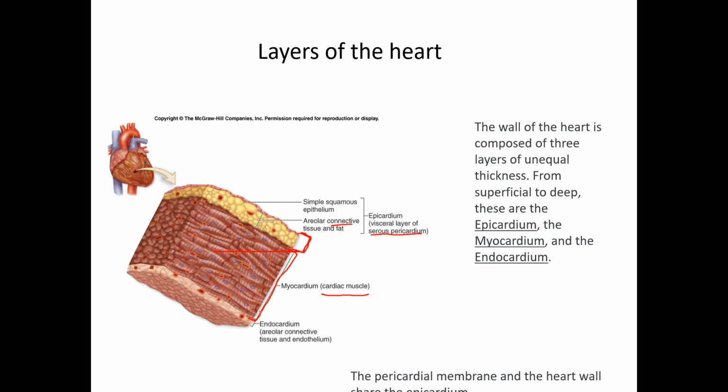And then here there is another layer. Really, that's the last layer, in contact with the cavity. The ventricle cavity is lined by the endocardium, which is again connective tissue.